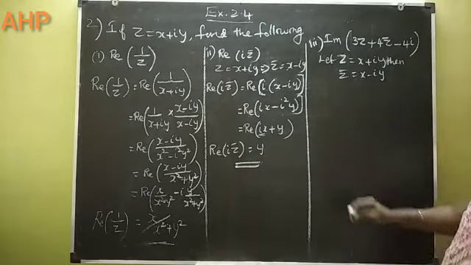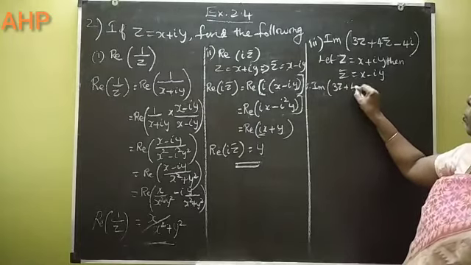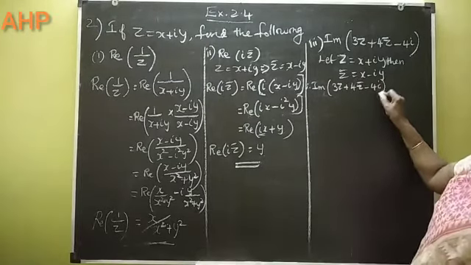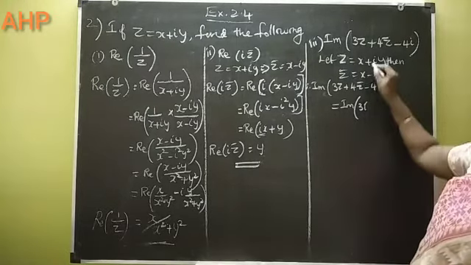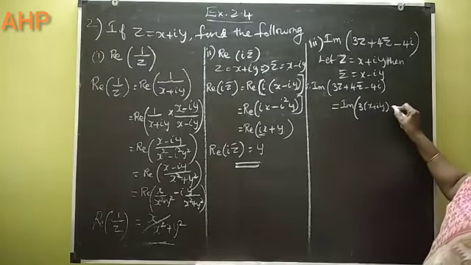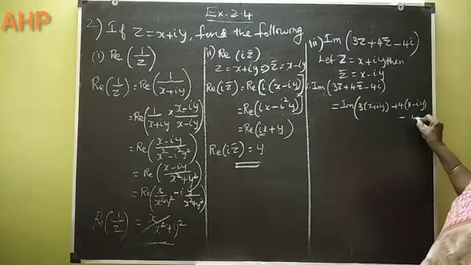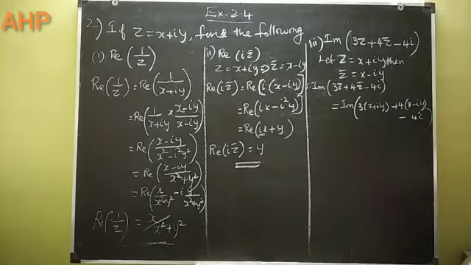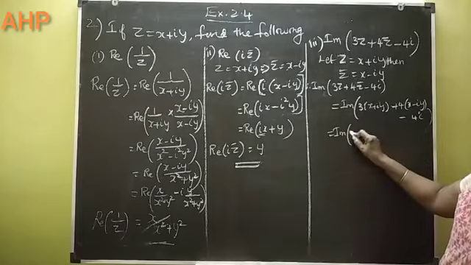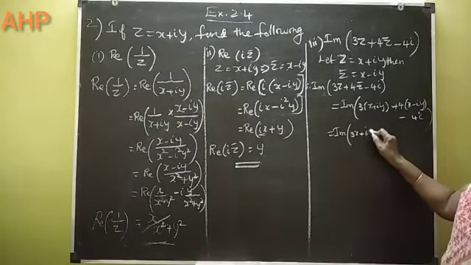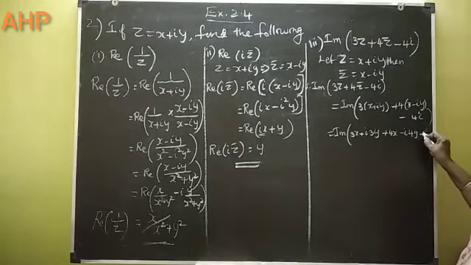So, substituting here, therefore, imaginary part of 3z + 4z bar - 4i is equal to imaginary part of 3 into z, which is x + iy, plus 4 into x - iy, minus 4i. So, in the next step, we are going to write this as imaginary part of 3x + i into 3y + 4x - i into 4y - 4i.